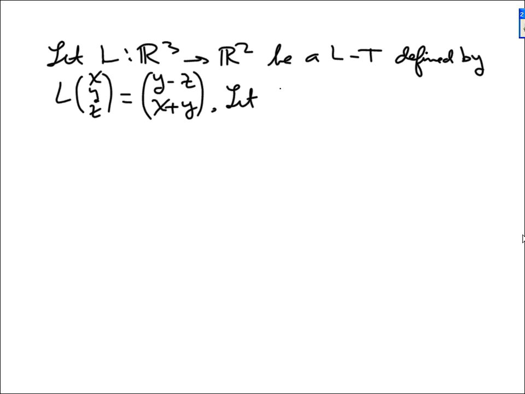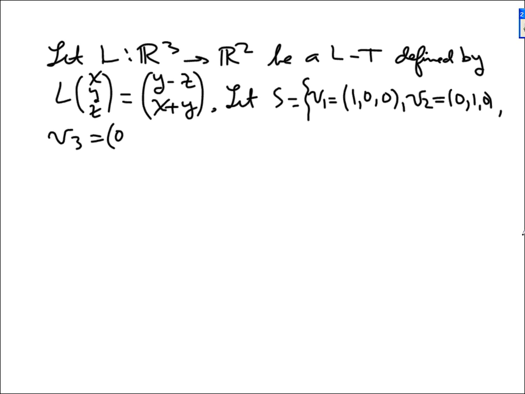Further, let S equal to v1, which is say 1, 0, 0, v2, which is 0, 1, 0, and v3, which is 0, 0, 1. So S is a basis, and it's a natural basis.